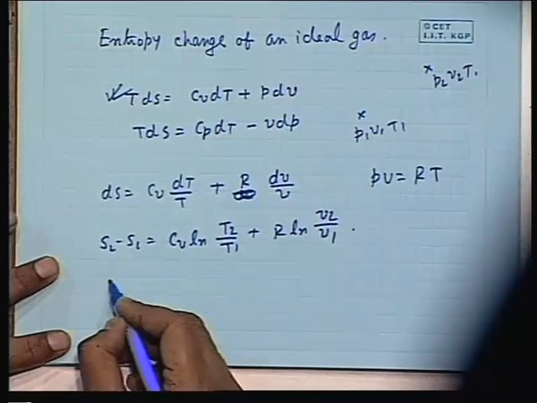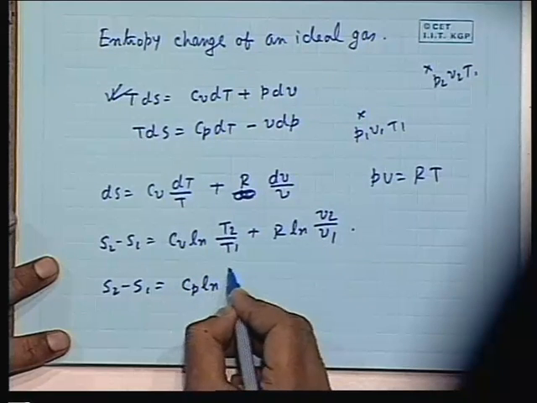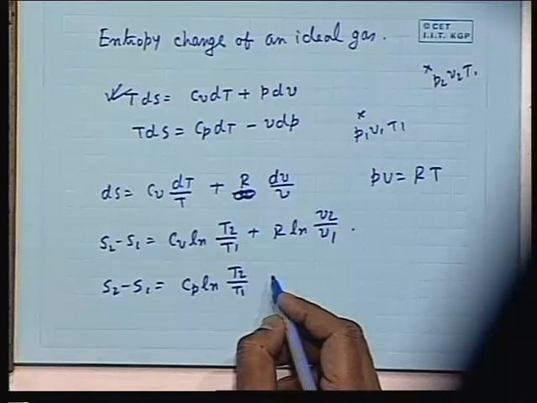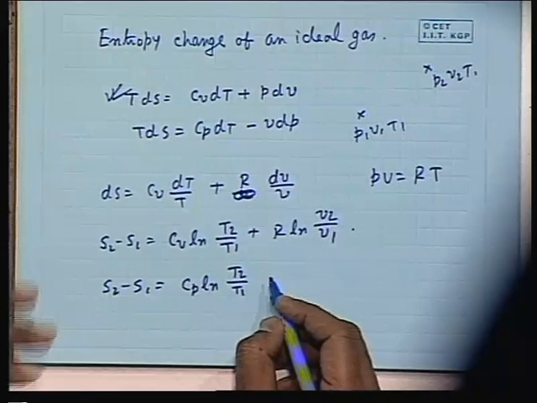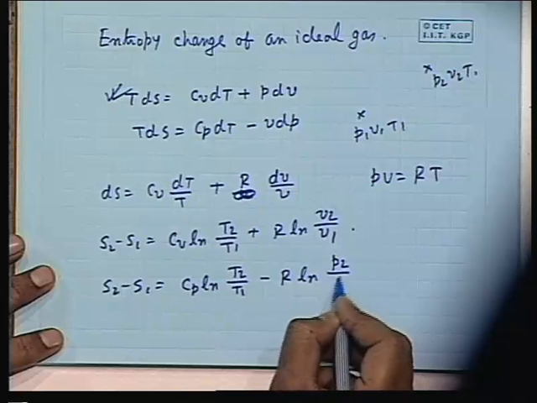Similarly, if you integrate the second one, you get Cp ln T2 by T1 minus R ln P2 by P1.